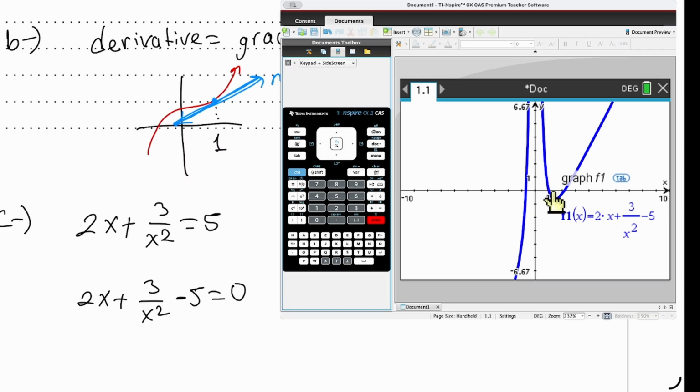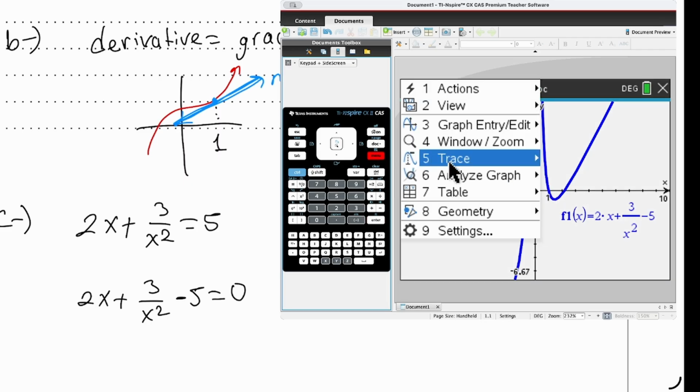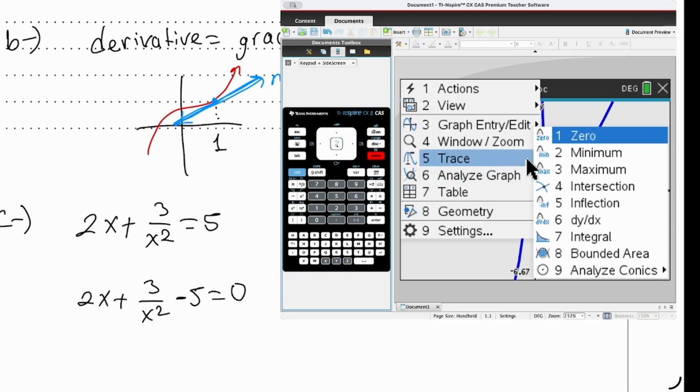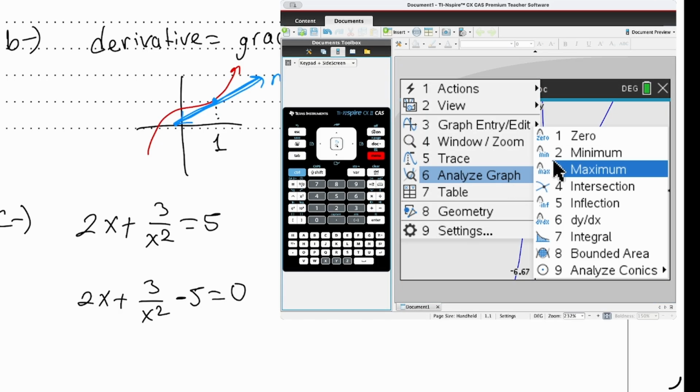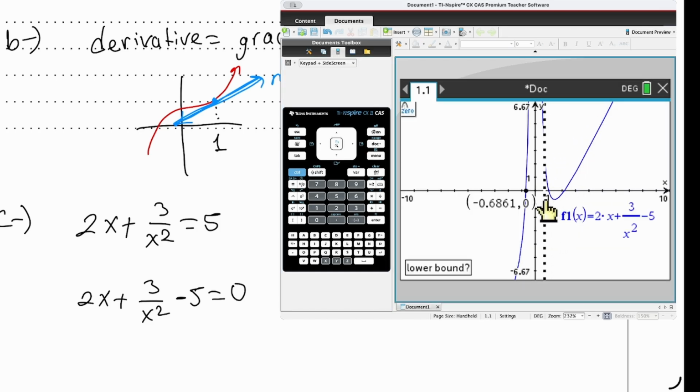And these are the roots of it, right? So let's find the roots. Menu, analyze graph, and 0, right? So click before, click after. So this x value is one root, right? Menu, analyze graph, 0. It should be 1 because we already found 1, right?